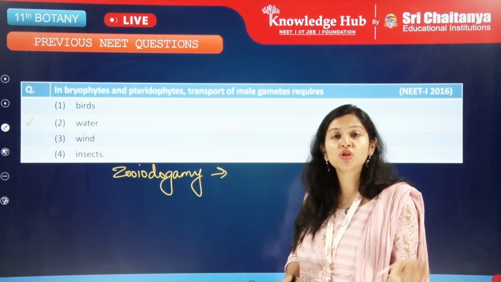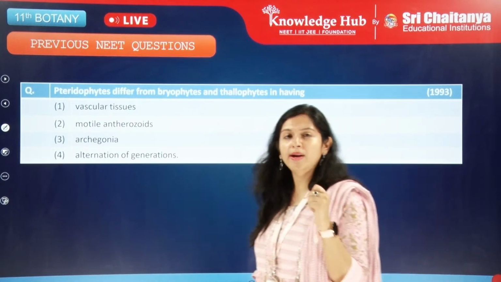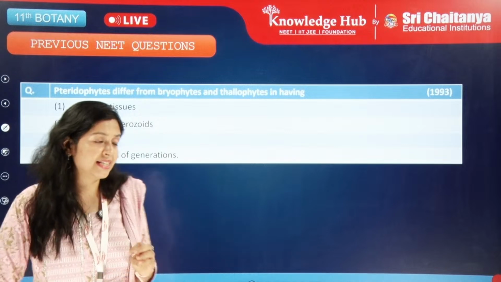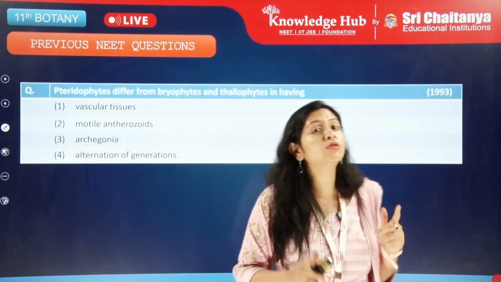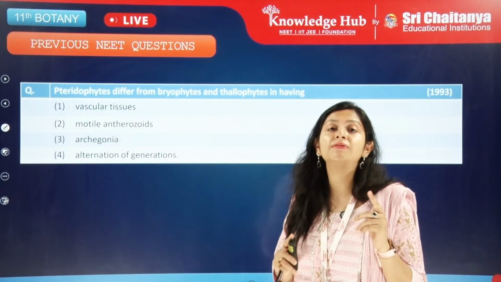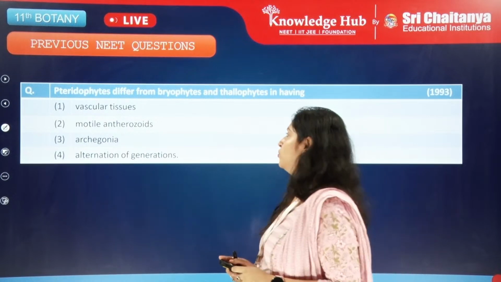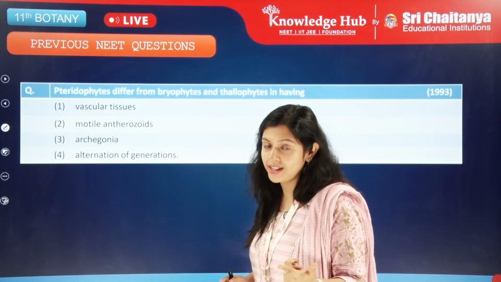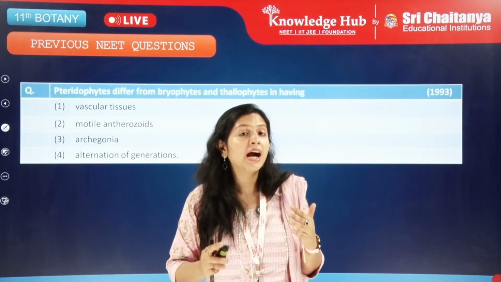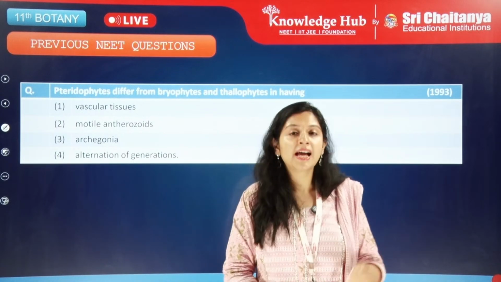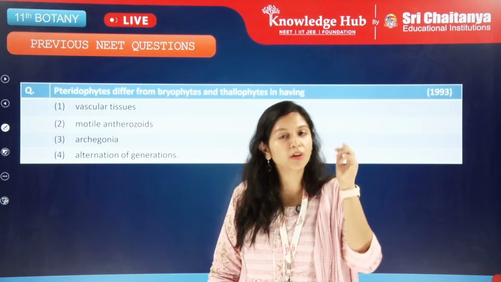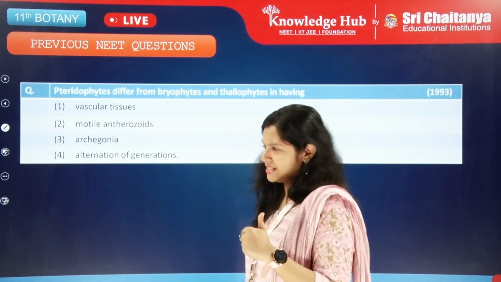Now let's go to the next question. One more question, my dear students. Pteridophytes differ from the bryophytes. Previously we saw how they are similar to the bryophytes, and now how they are different.